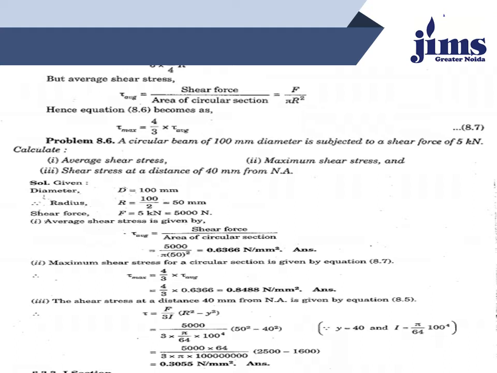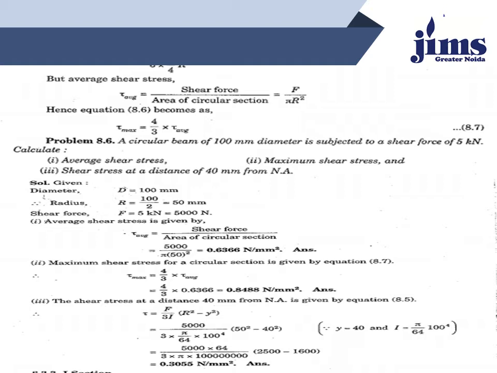From the above result, we know that the average shear stress, tau average, is equal to shear force upon shear area, that is 5,000 divided by pi r square, and the answer is 0.6366 Newton per millimeter square. The next is maximum shear stress of a circular section, given by 4 by 3 multiplied by tau average, or tau max is equal to 4 by 3 multiplied by 0.6366, or it is equal to 0.8488.